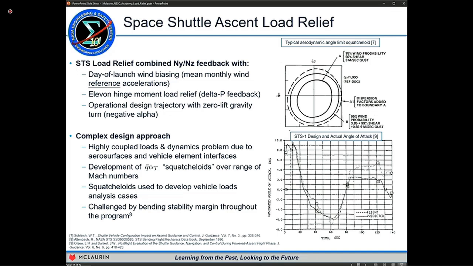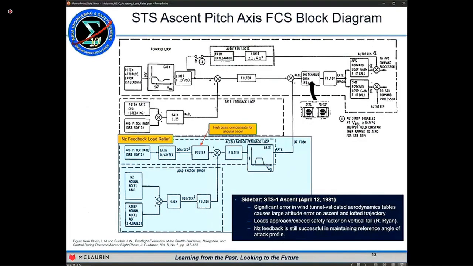All right. So we'll look at the block diagram here for the shuttle ascent pitch axis FCS. This is from the JGCD publication referenced below. This is a great paper, by the way, because it's publicly available and discusses all the flight data from STS-1. But you can see the very basic components. We've got sensed normal acceleration, some gain and filtering here.